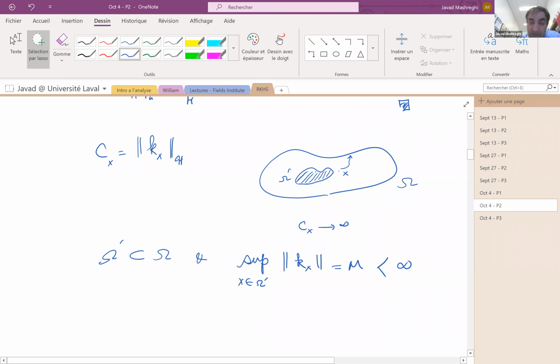So Kx is uniformly bounded on this subset. Then we can say this part, and for this we need a proof, it's not part of the definition.